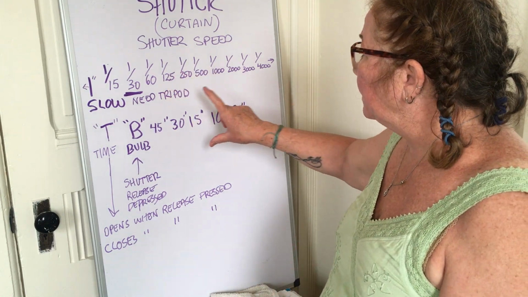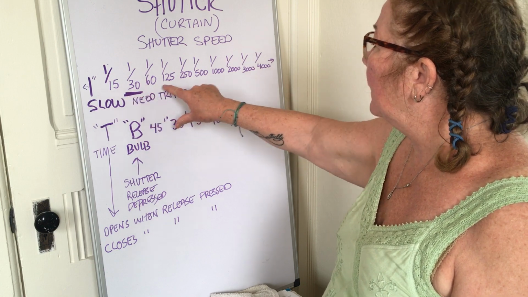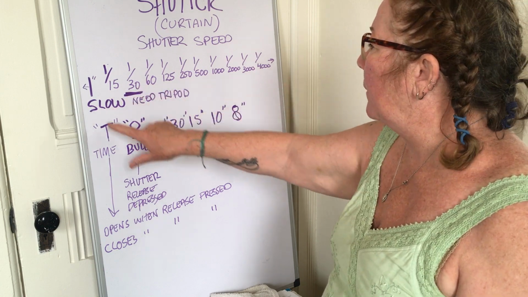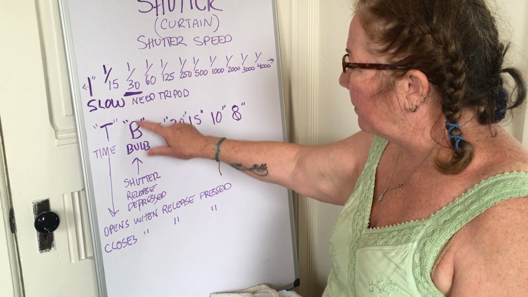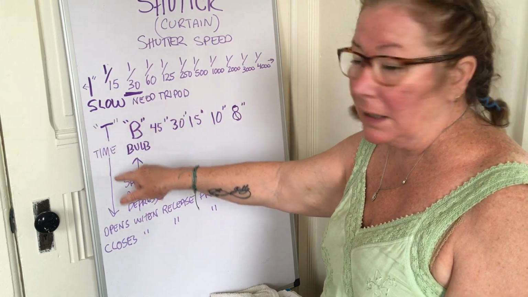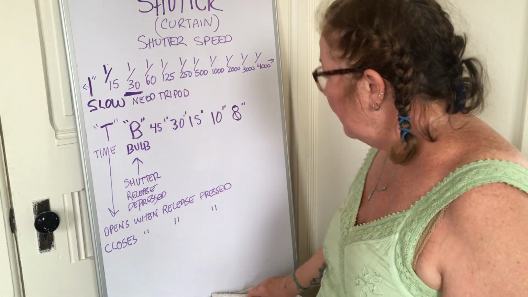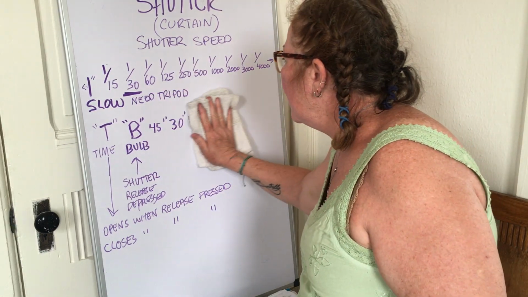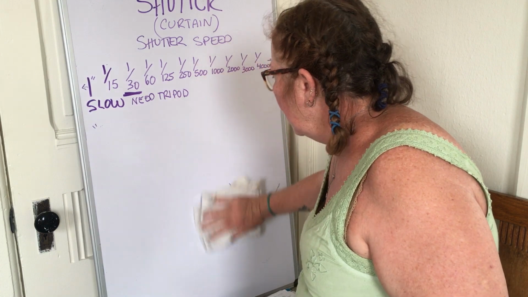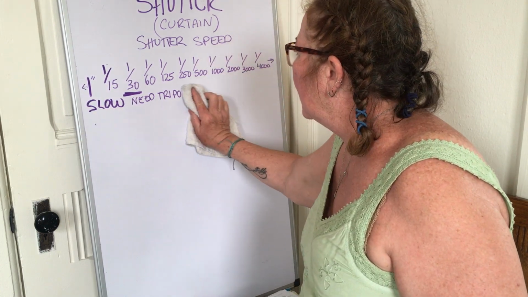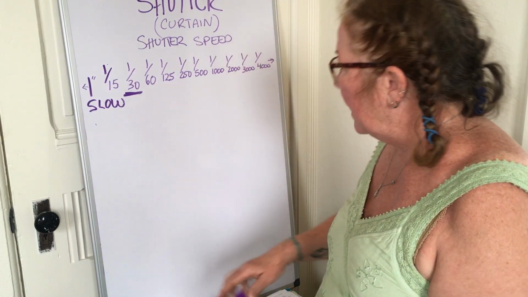So the shutters, these numbers represent the shutter speed. We can go down to seconds. There's a bulb setting. Sometimes you might have a time setting as well. But we're pretty much mostly going to be working with these. So this would be a slow shutter speed.